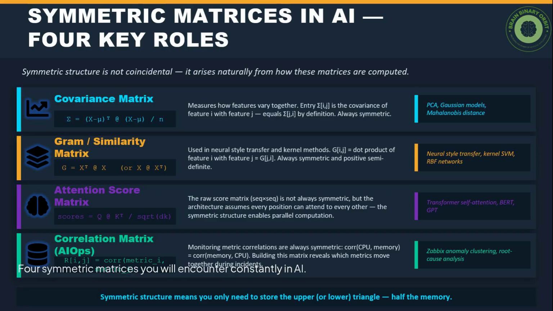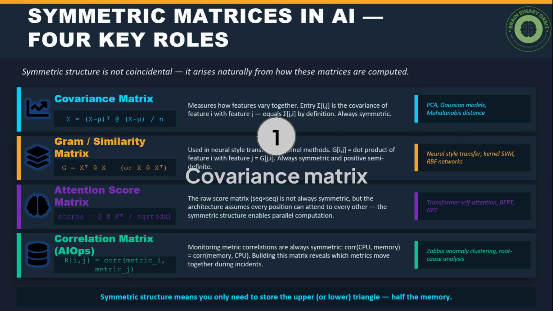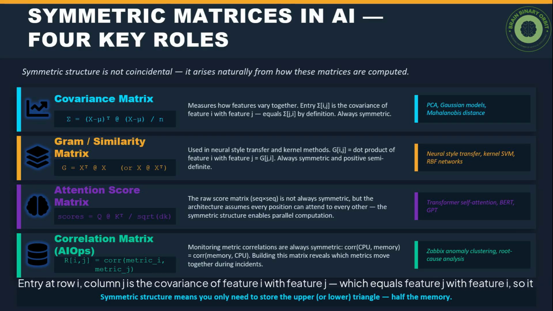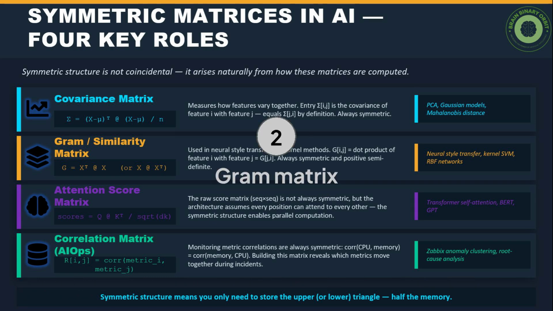Four symmetric matrices you will encounter constantly in AI. First, the covariance matrix. Computed as X transpose @ X divided by N, where X is your centered data. Entry at row i, column j is the covariance of feature i with feature j, which equals feature j with feature i, so it is always symmetric. Second, the Gram matrix, X transpose @ X, used in style transfer and kernel methods.